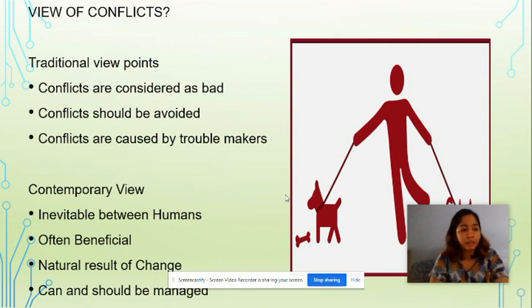And next, the contemporary view: conflict is inevitable between humans, often beneficial, a natural result of change, and can and should be managed. The behavior view still considers conflict as mainly negative, but it also believes that it is natural and inevitable here.